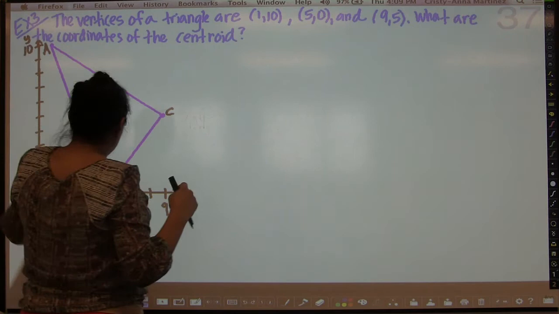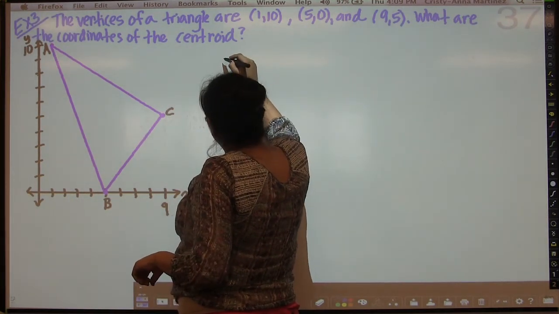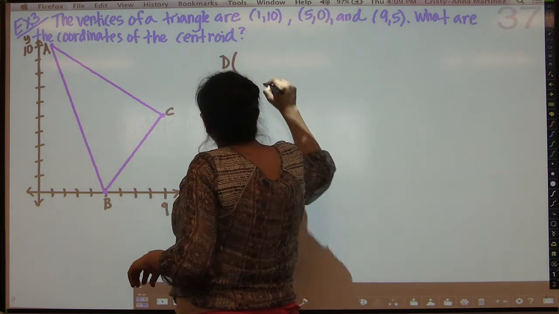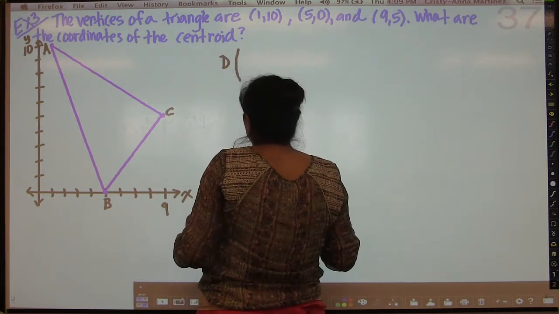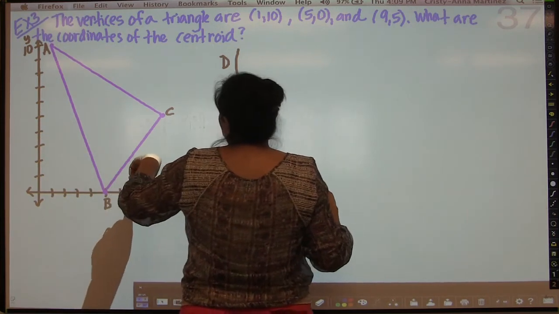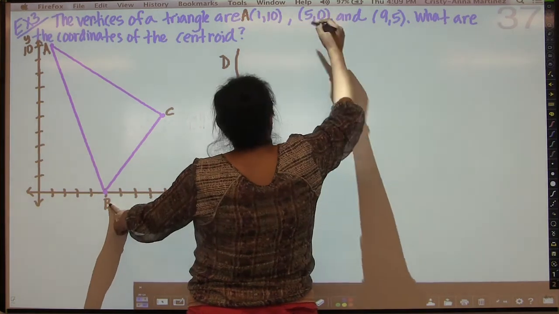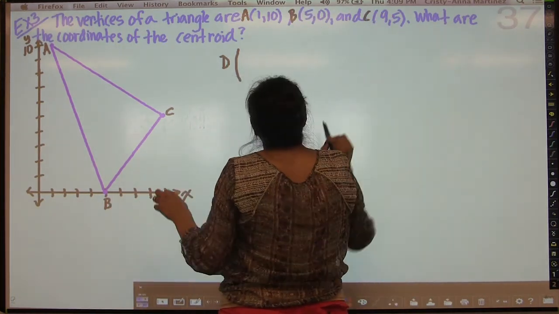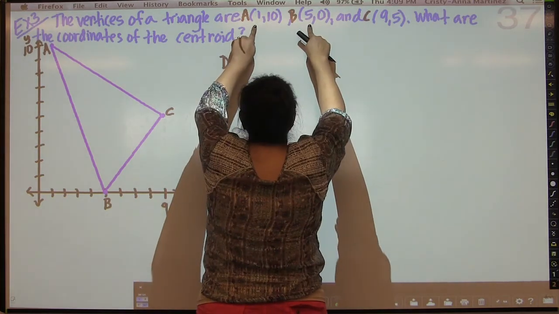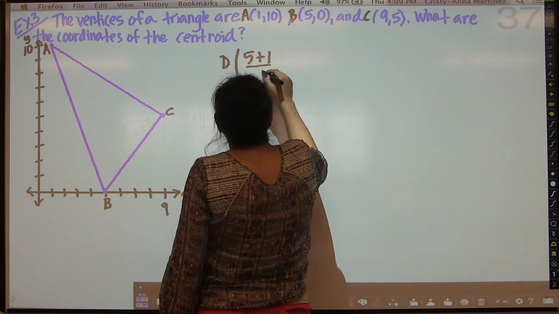If you remember how to find the midpoint, I'm going to call the midpoint point D. You take the x-coordinates of A and B. A is (1, 10), B is (5, 0), and C is (9, 5). I take the x-coordinates of A and B, which are 1 and 5, and divide by 2.